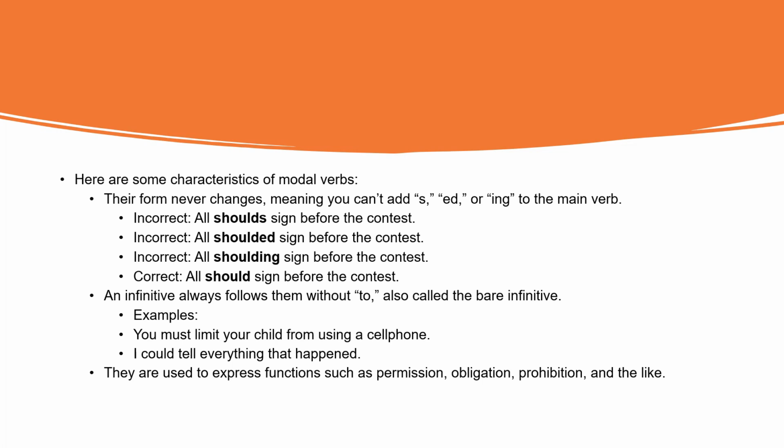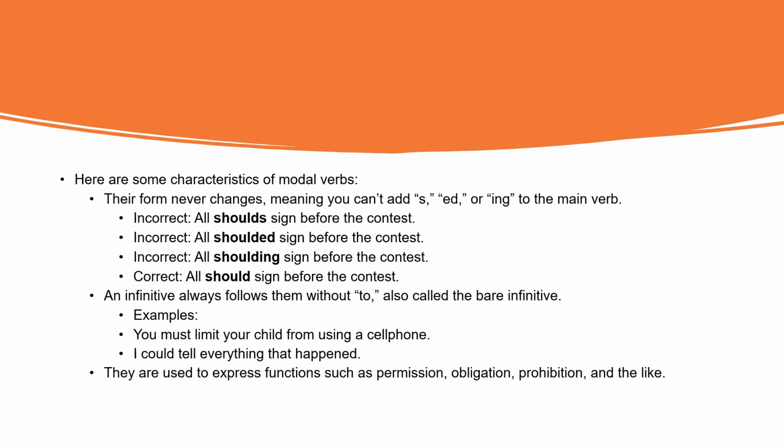If we look at the correct sentence with the emphasized word, you see this one: All should sign before the contest. Not all shoulds, not all shoulded, and not all shoulding. These are also wrong spellings.